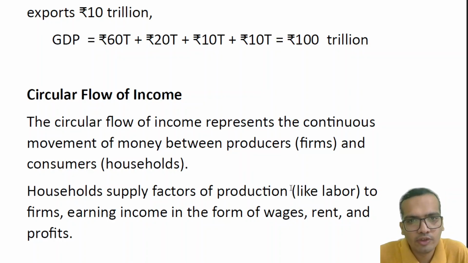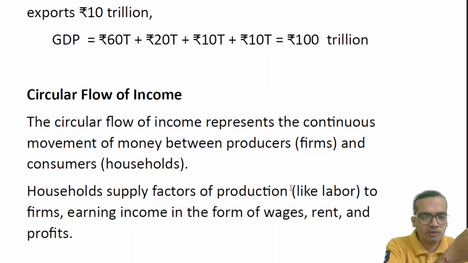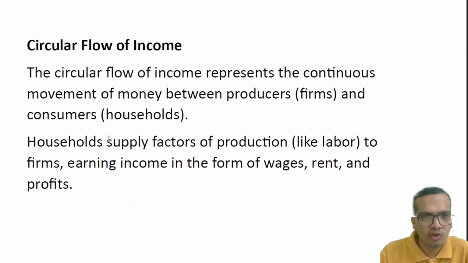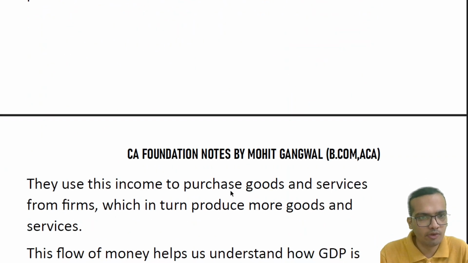Then comes the circular flow of the economy. So the circular flow of income represents the continuous movement of money between producers, that is firms, and the consumers. So it's a cycle. Money flows from one end to another, and again flows back. Households supply factors of production like labor to firms, earning income in the form of wages, rent and profits.